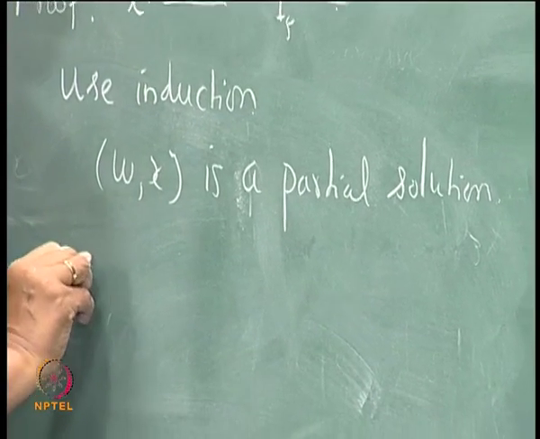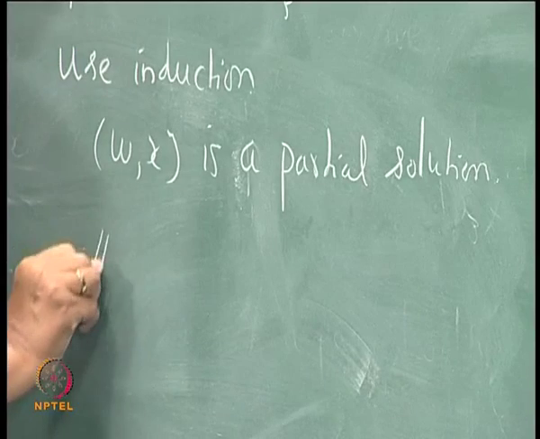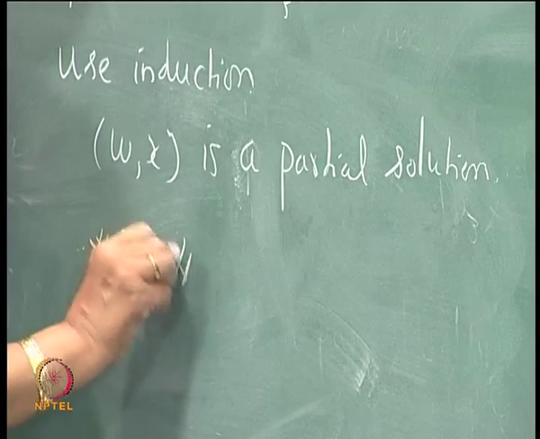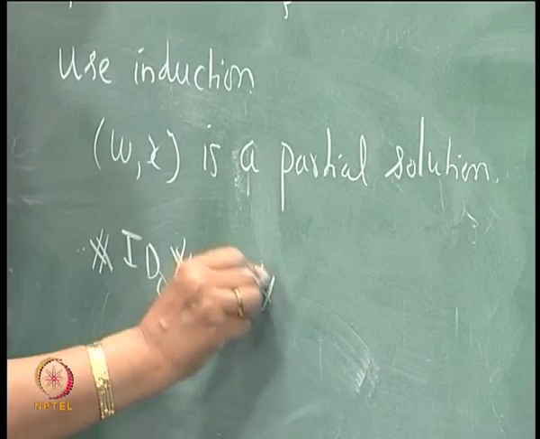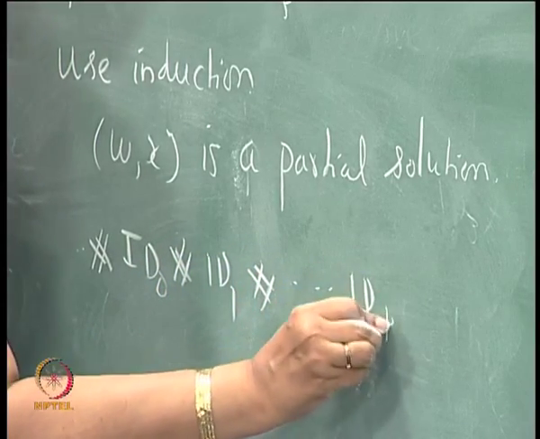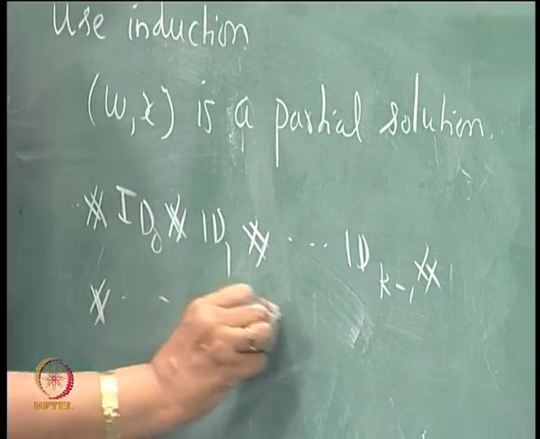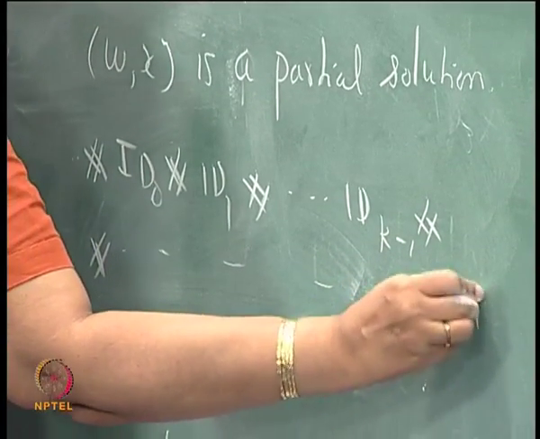That is, the solution is of the form ID 0, ID 1, ID k minus 1, and here you will have the same thing plus ID k.